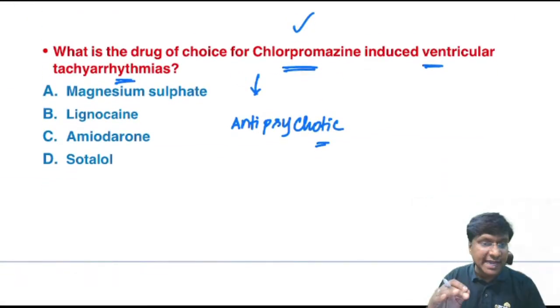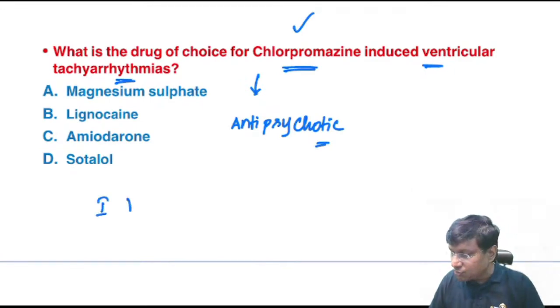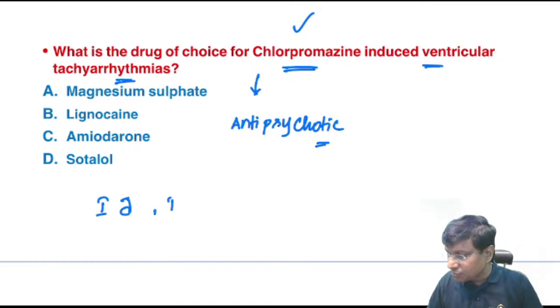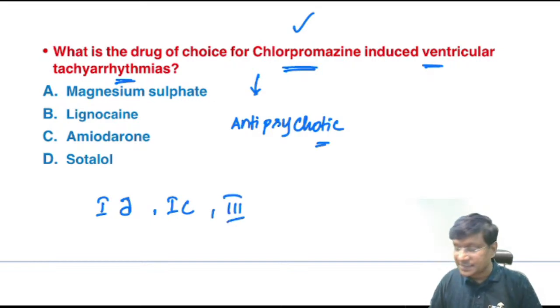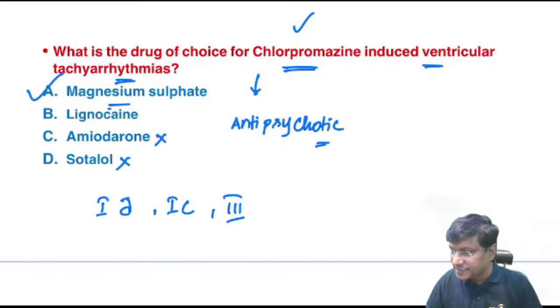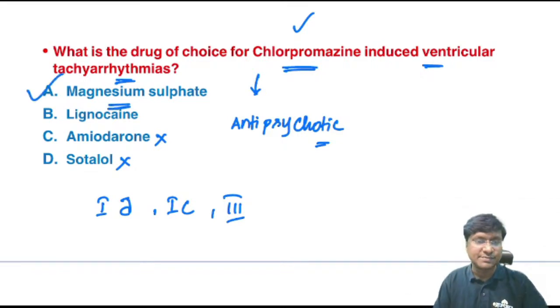In antipsychotic overdose causing QT prolongation, class 1A is avoided, class 1C is avoided, and class 3 antiarrhythmic drugs are avoided. So amiodarone and the like we don't give, and even sotalol we don't give. They will further cause QT prolongation. So the drug of choice here will be magnesium sulfate.